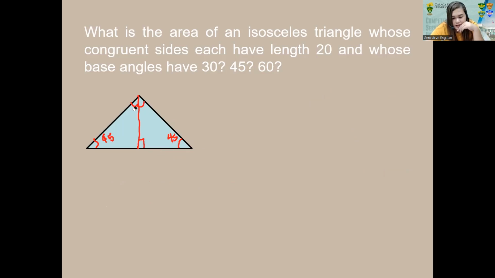Kining duha, 90. So 90 divided by 2, this will become 45, 45 gihapon, no? So ang given is 20 daw ang sides. So na natay 45, 45, 90, no?